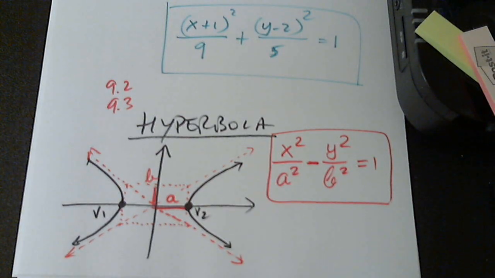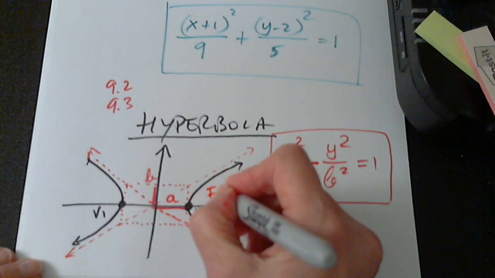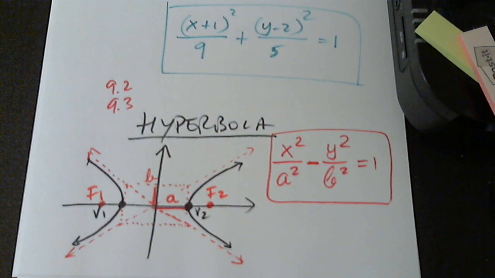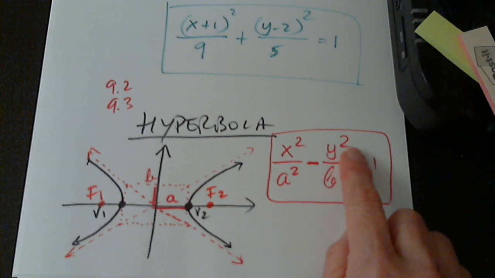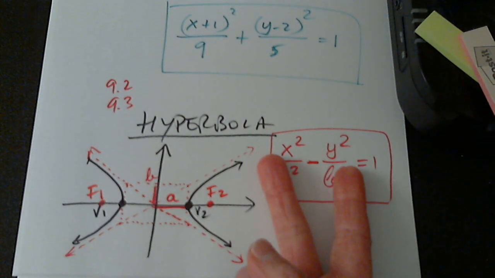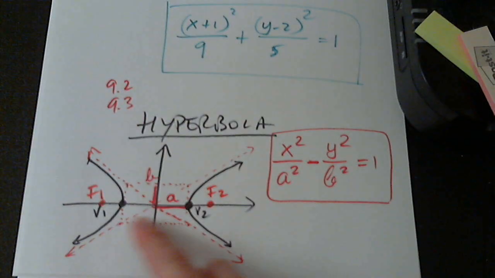And where are the foci? Well, this is like a parabola. So here is F2 and here is F1. This is how a hyperbola looks if it has a minus in front of the term with y squared. If these are reversed, then it will look like this.